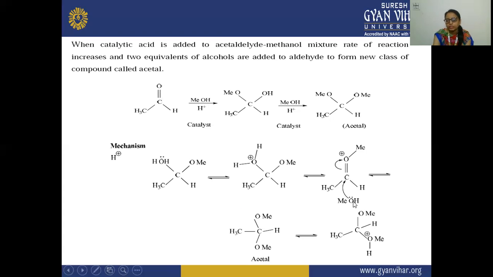As you can see here, after this reaction there will be no positive charge on this oxygen atom, and now this MeOH is reacted here, OMe, H, and after the removal of this hydrogen from here, this acetal is formed. So this is the mechanism of this reaction.